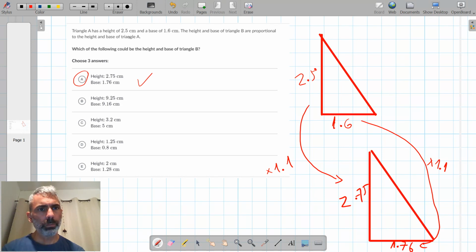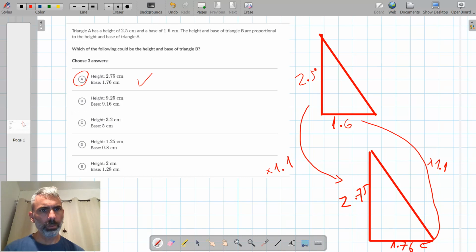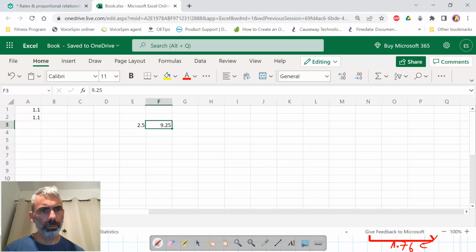Let's see, to go from 2.5, which is the height here, to 9.25, the ratio is 9.25 divided by 2.5, which is 3.7. This is the height and this is the base.